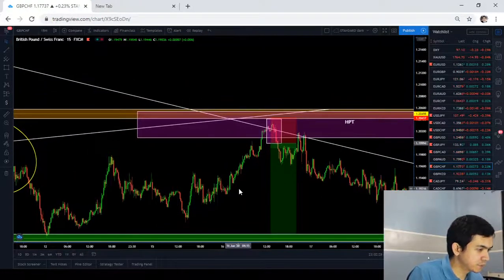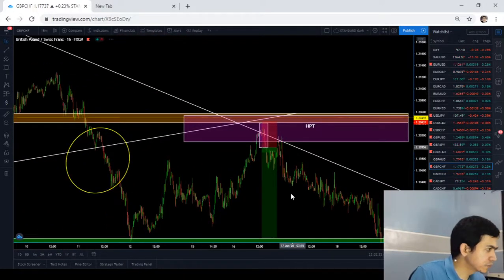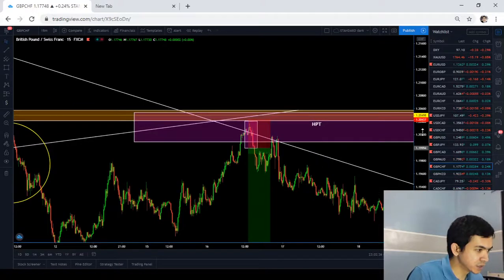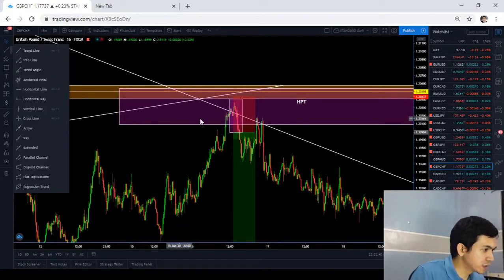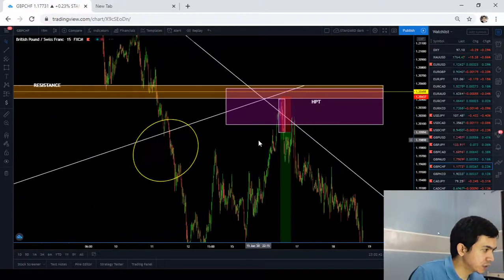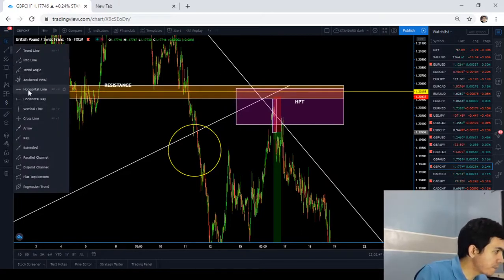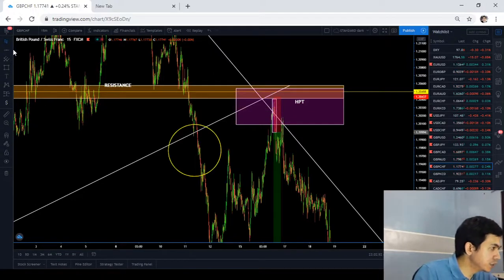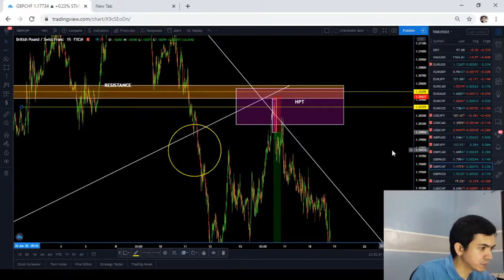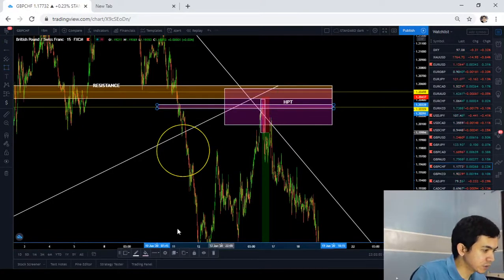Diba? Again, let's just repeat the process. Okay? Again, we are on a, diba? Based sa structure. Boom. Ay, sorry. Key significant resistance sa 15 minutes time frame. Diba? Ito. Okay, gawin natin white.